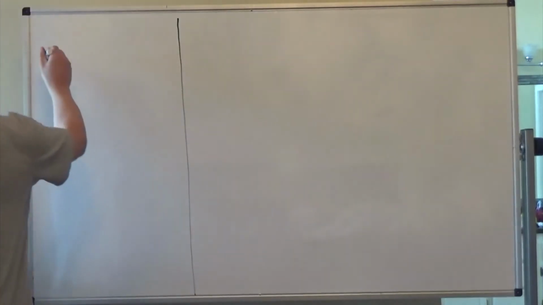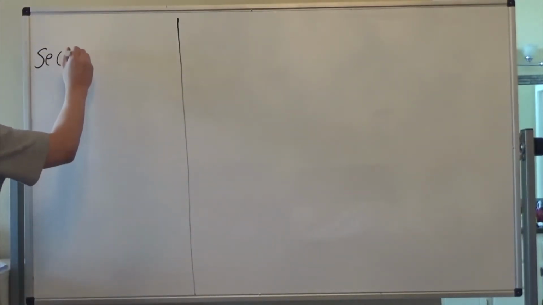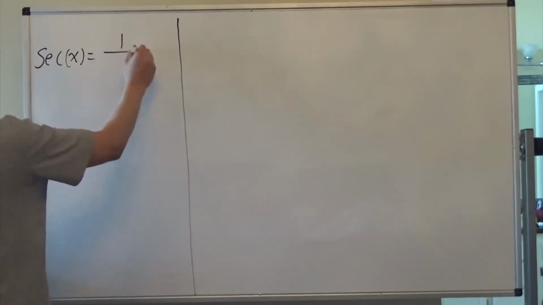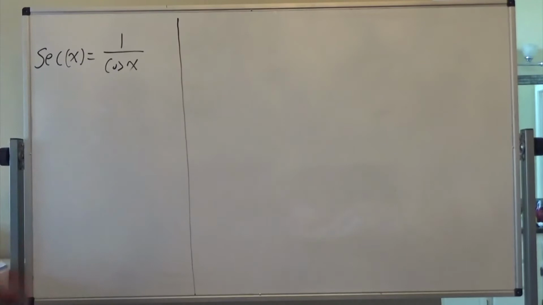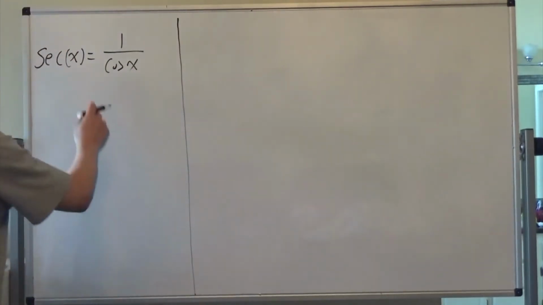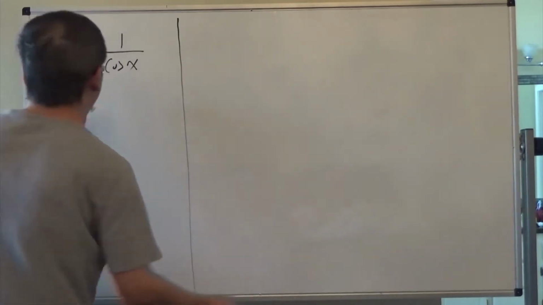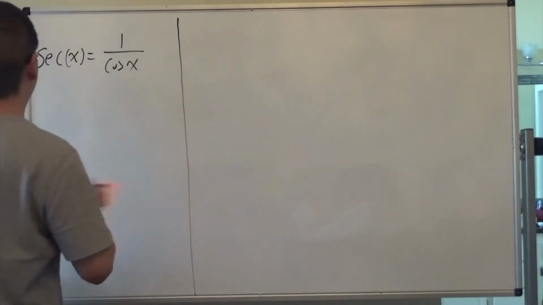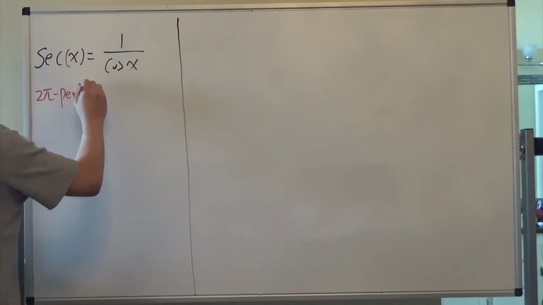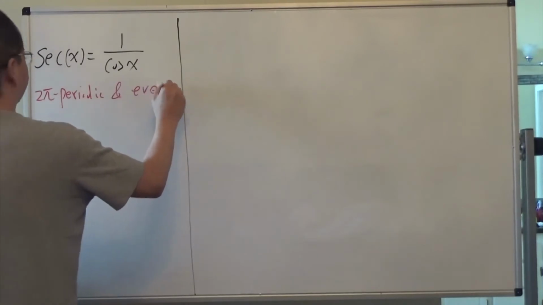Besides sine, cosine, tangent and cotangent, there are two more trigonometric functions called secant and cosecant. Secant x is defined as the reciprocal of cosine x, so that's 1 over cosine x. So this function is well defined as long as cosine x is not 0. Because the cosine function is 2 pi periodic and even, this function is also 2 pi periodic and even.